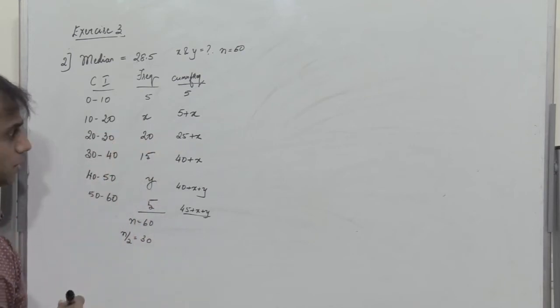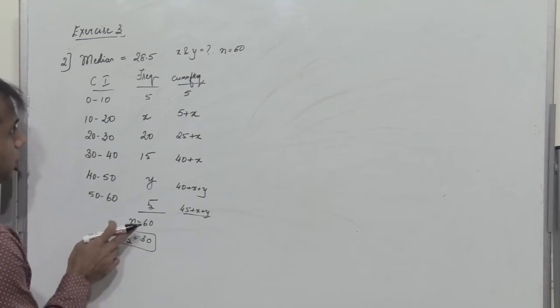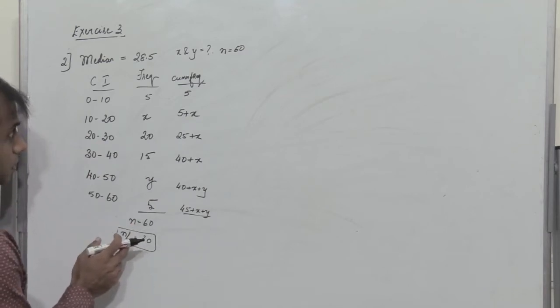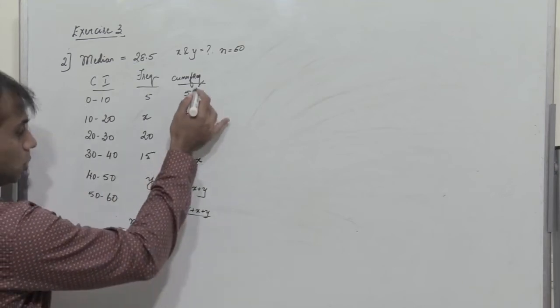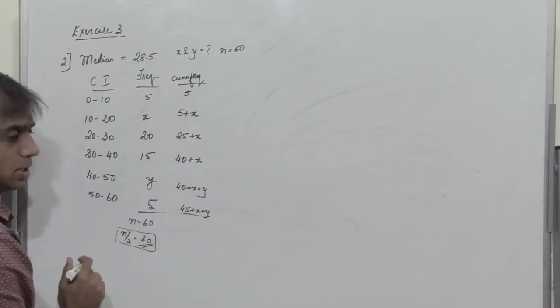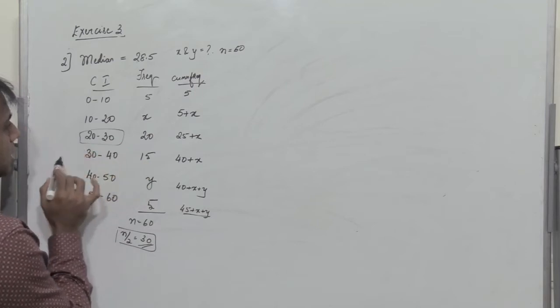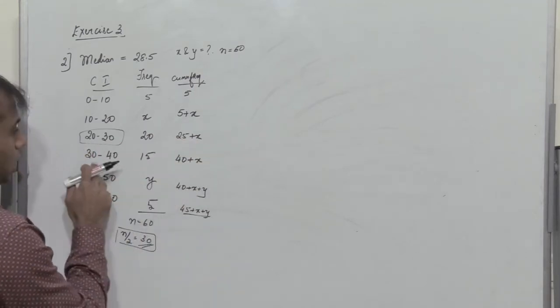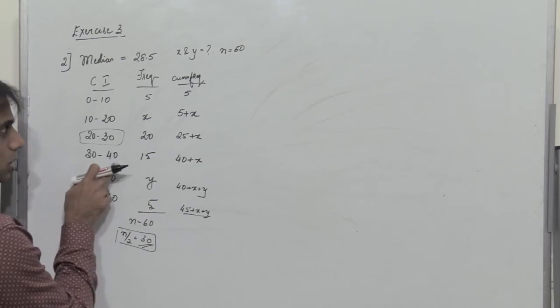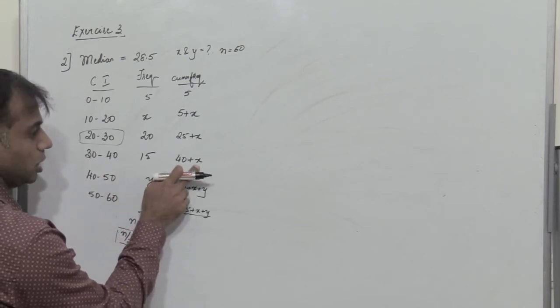plus x, right? Therefore we need to find the class interval where n by 2, which is 30, lies. Till here, the class interval 20 to 30 has cumulative frequency 25 plus x. Now, for the class interval 30 to 40, the cumulative frequency is 40 plus x.